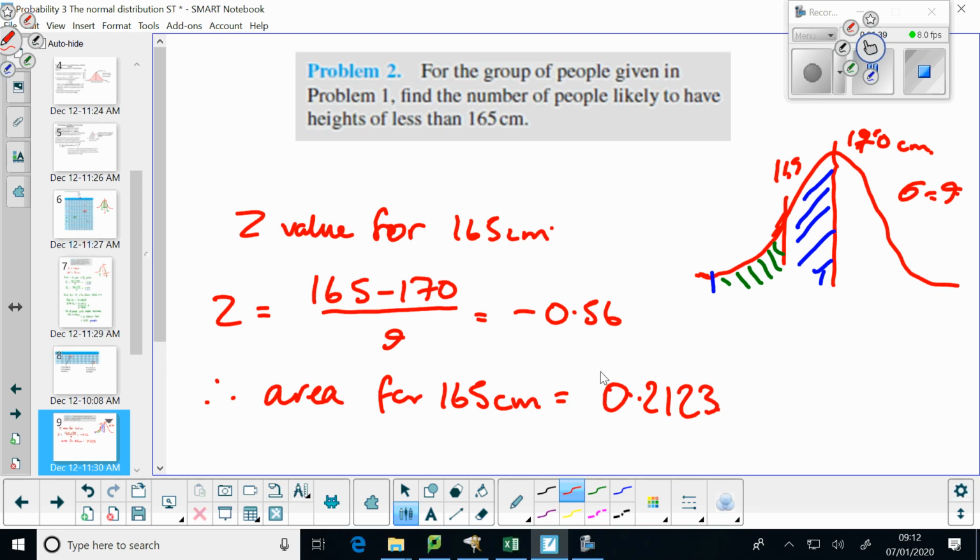So that's the probability it's going to be 165 centimetres. We're interested in people to the left of that. Because the normal distribution is symmetrical around that mean, that side is the same shape as the left hand side is the same shape as the right. The area of the whole is 1, therefore the area of half of it, everything to the left, is 0.5.